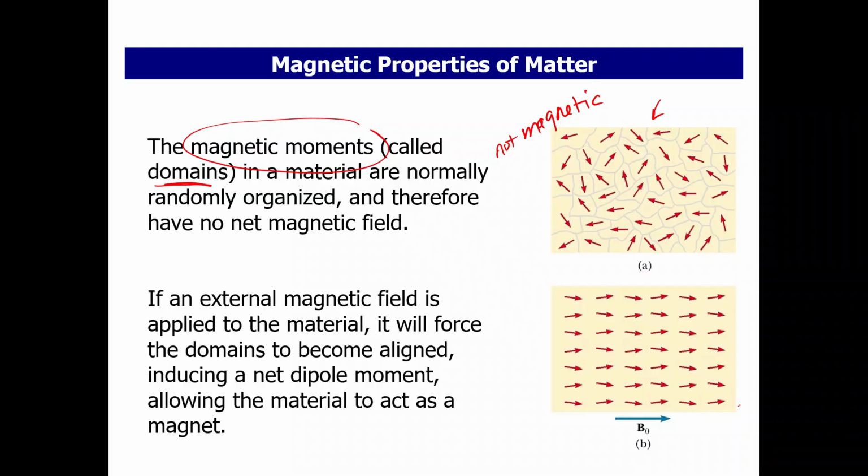However, if you take a non-magnetic material that does have these domains, these magnetic moments, and you apply a magnetic field, we use B for the magnetic field, it's going to align them. So you can do this to a nail. This is fun at home.